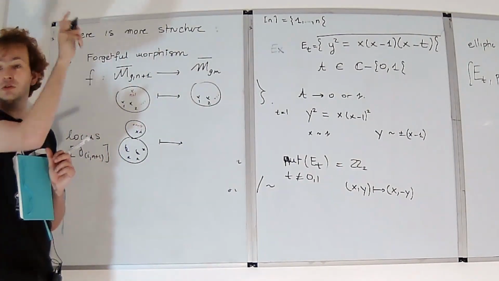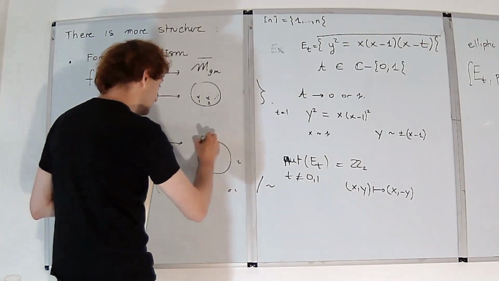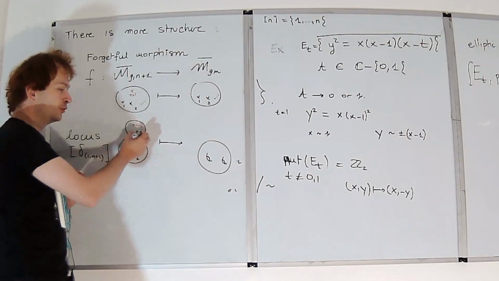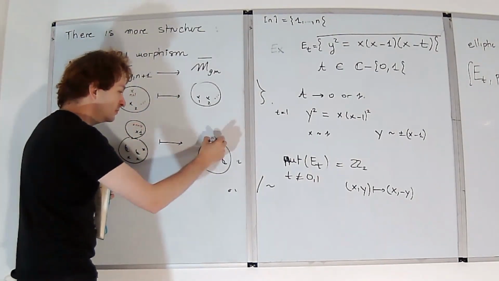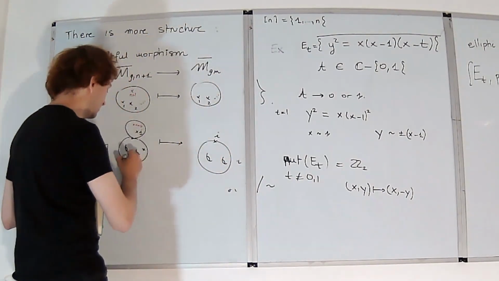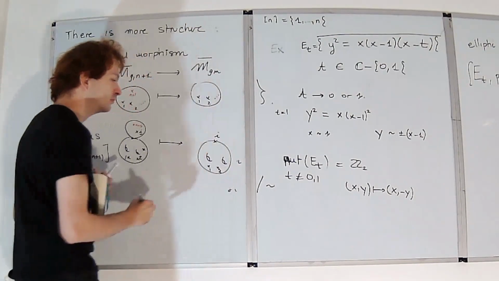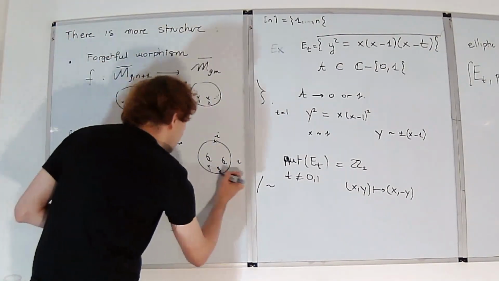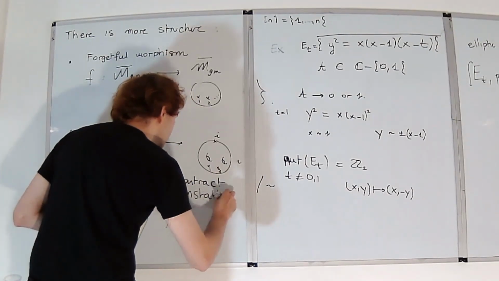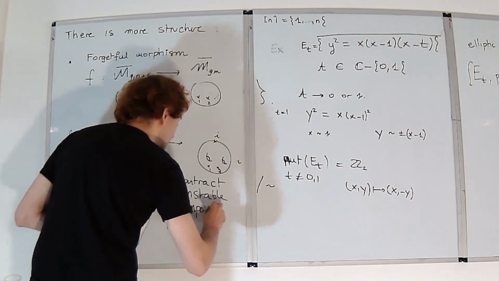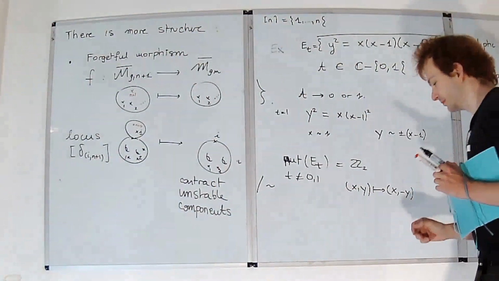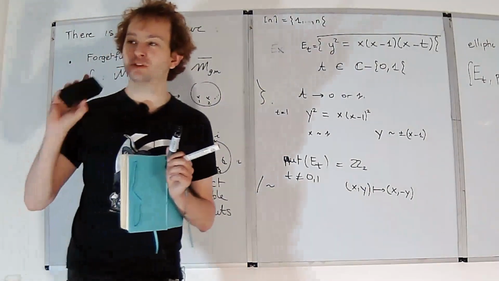This thing is not stable, so you just contract it to a point. And when you contract it to a point, what do you do with this? When you contract everything to a point, that's no longer a node, so you just carry the i here. So you contract unstable components. So we do have such a map, but slightly more subtle than forgetting a point because of this.